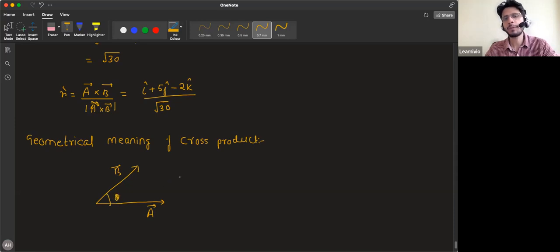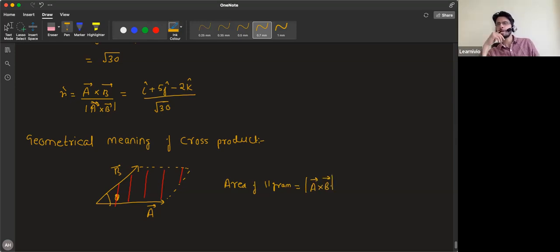Now, if I complete a parallelogram by taking a vector parallel to B and a vector parallel to A, this is the parallelogram. The area of this parallelogram is the magnitude of vector A cross vector B. This is the geometrical meaning of cross product.